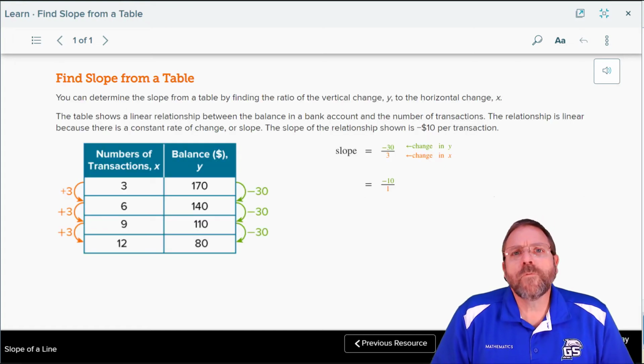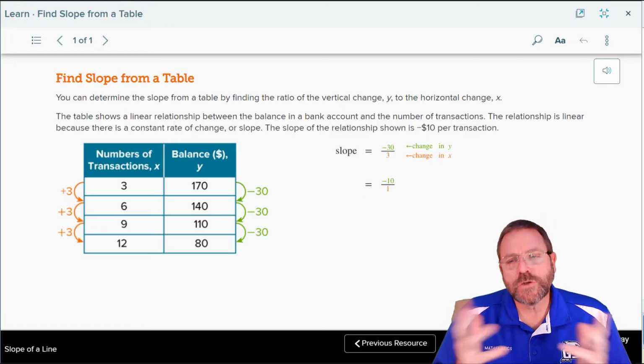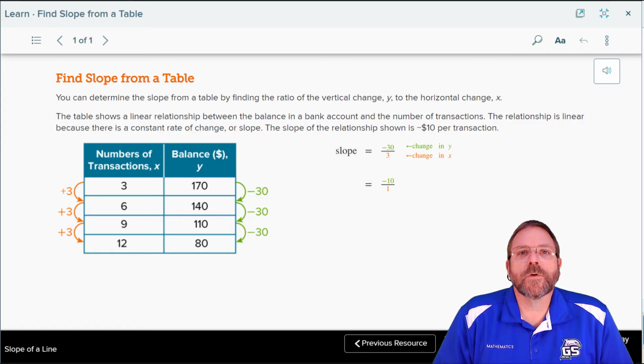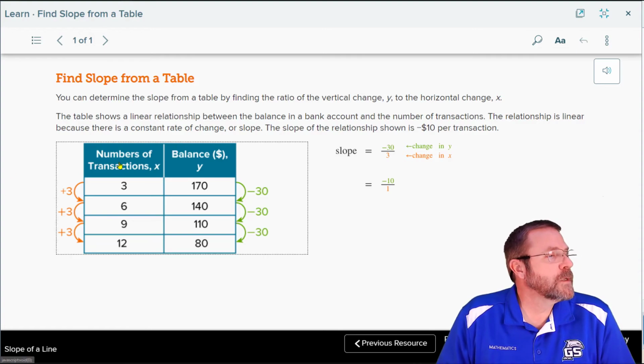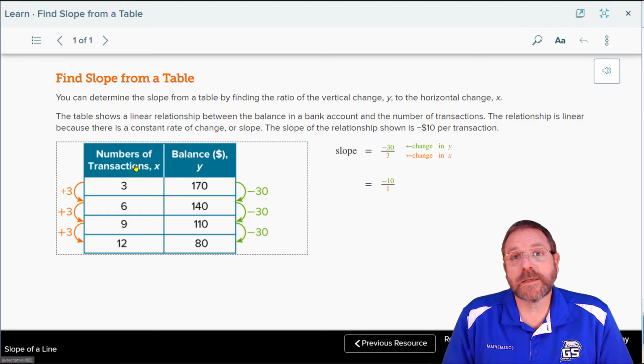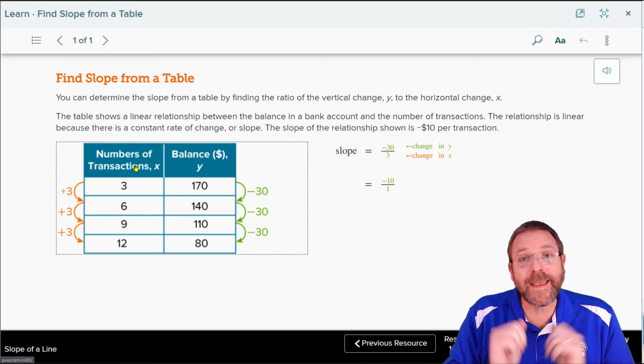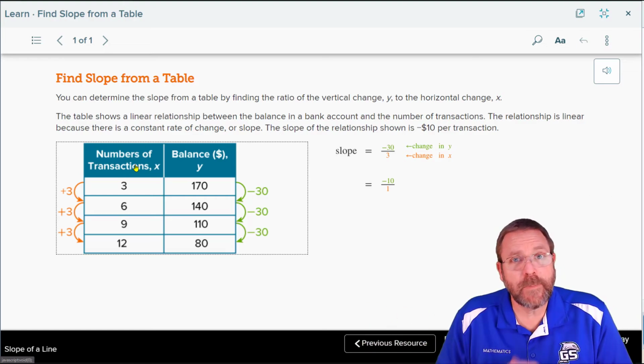Now so far we've looked at how to find the slope by just looking at the change in values on a graph. We can also find the slope by looking at the change of values on a table. And you can see on this table that x, remember your x is your horizontal, your x is your run, so these are written kind of backwards.